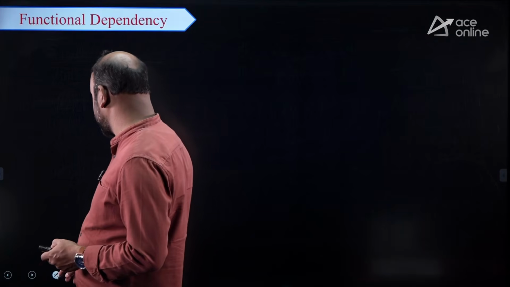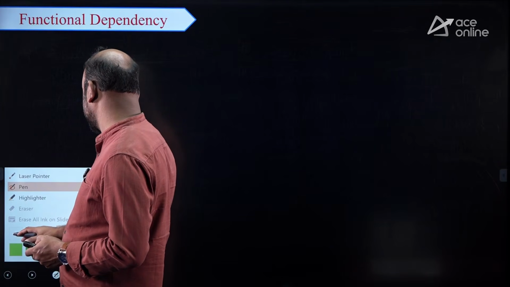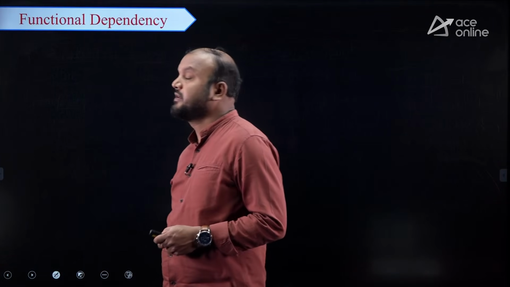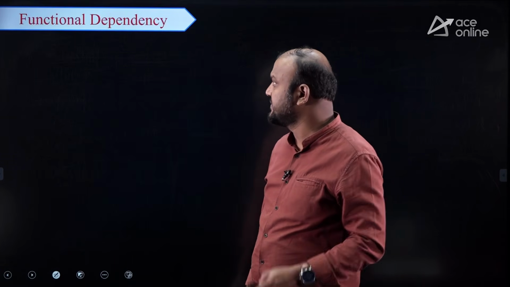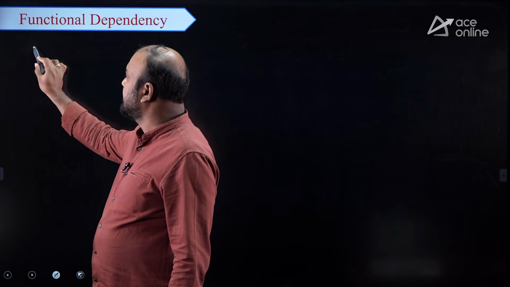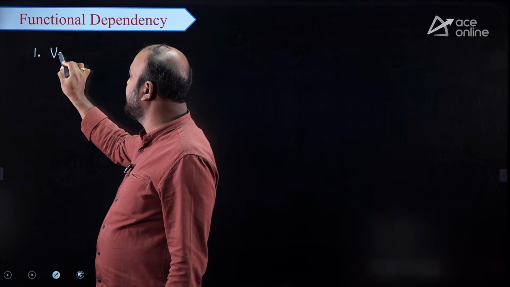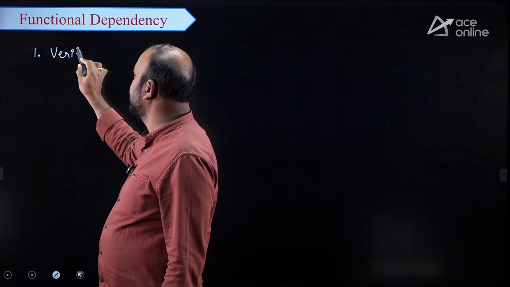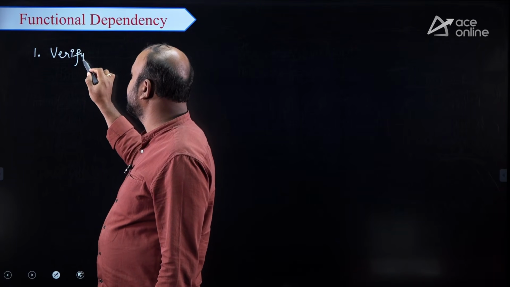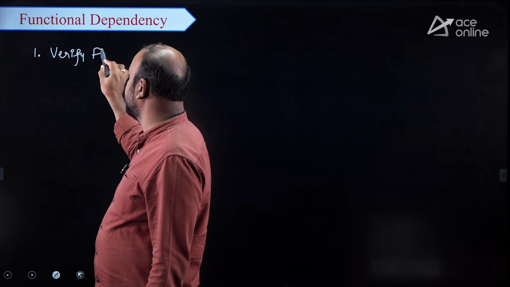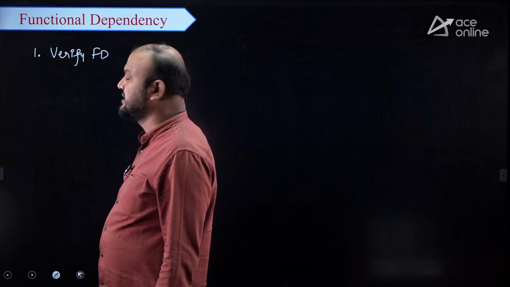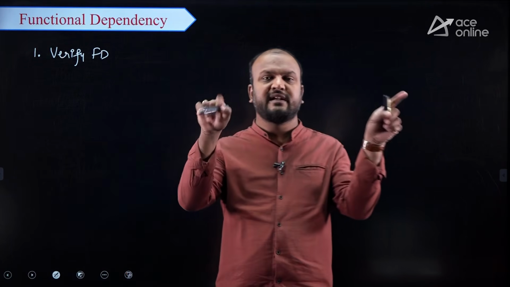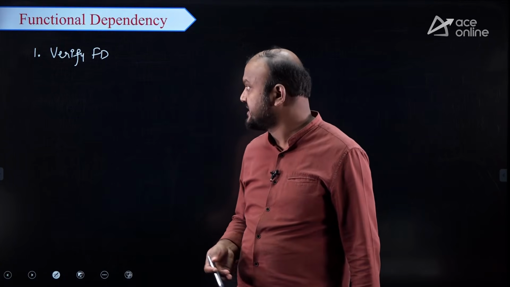Okay. Functional dependencies and normalization. In functional dependencies and normalization, what kind of questions can you expect? The type of questions is verifying FDs, functional dependency verification. Verify the given functional dependency, meaning you will be given a table of data and asked which functional dependency is satisfied or not satisfied.